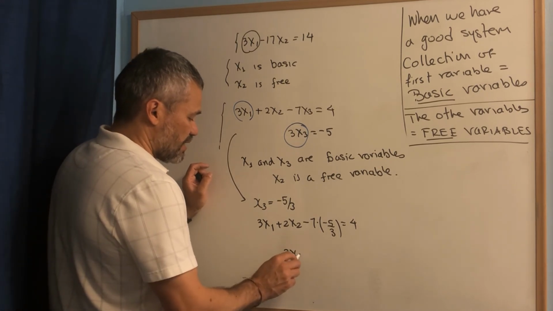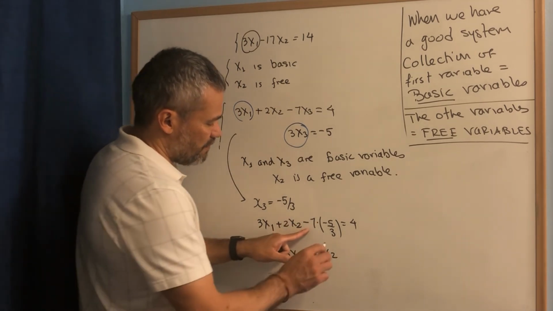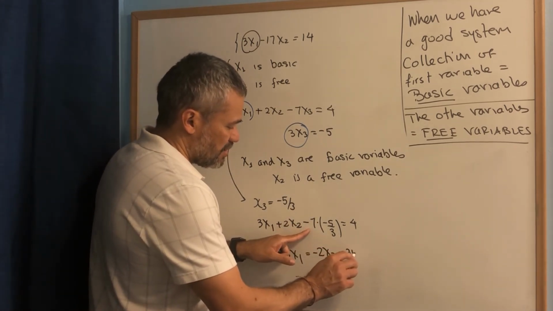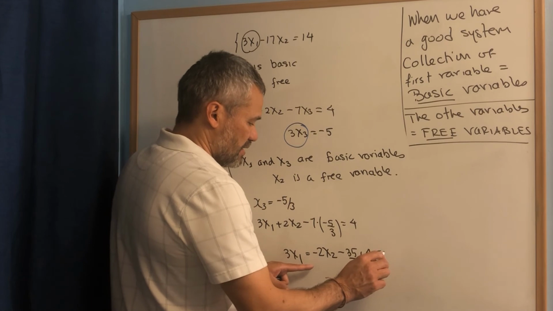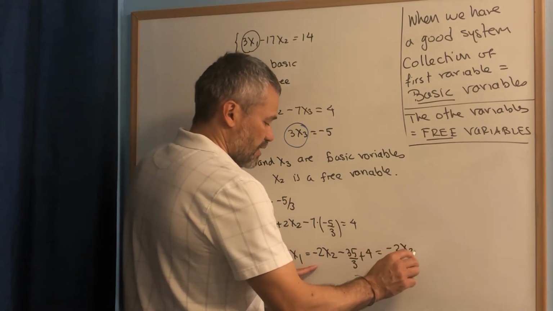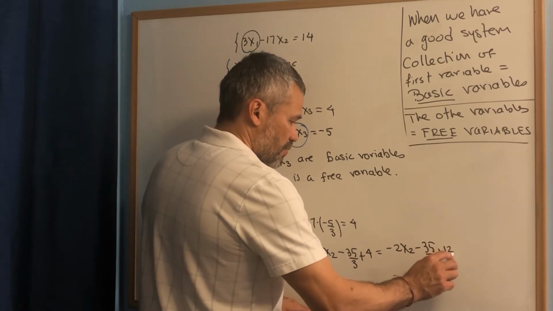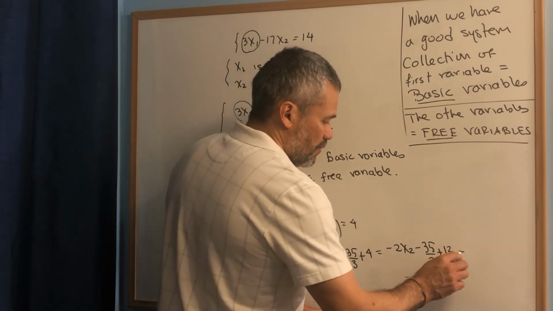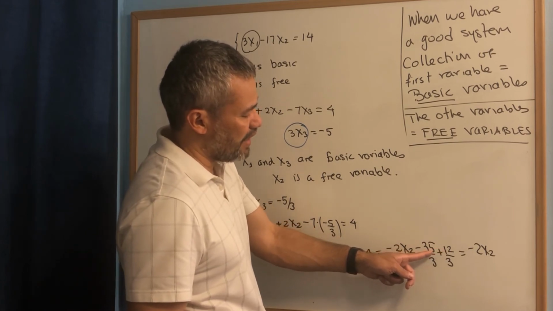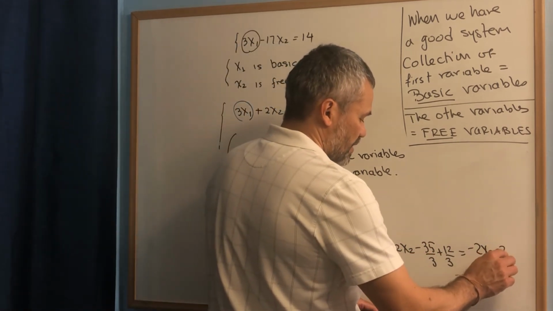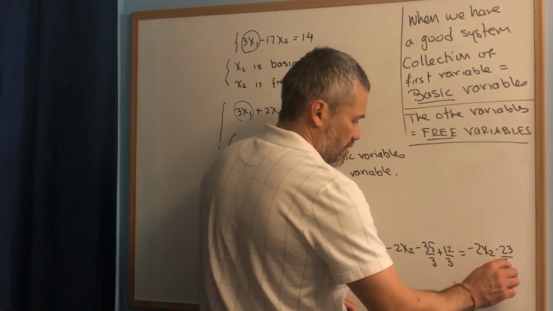And that means that 3x1 equals negative 2x2 minus 35/3 plus 4, which is negative 2x2 minus 35/3 plus 12/3, which is negative 2x2 minus 23/3.